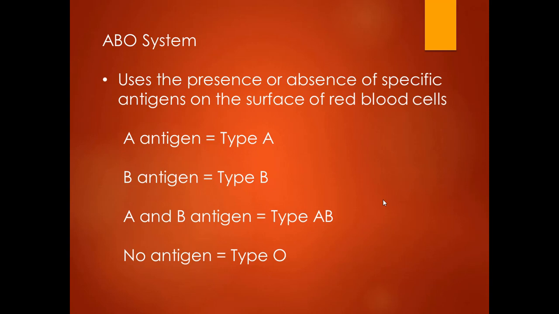Type B blood has the B antigen and type A antibodies. So if a person with type A blood is given type B blood, those antibodies are going to attack the blood cells.